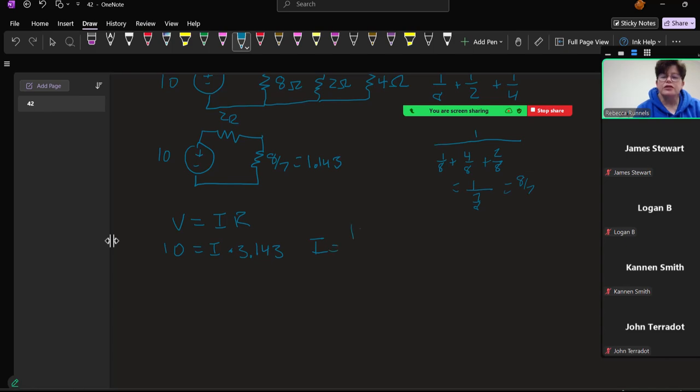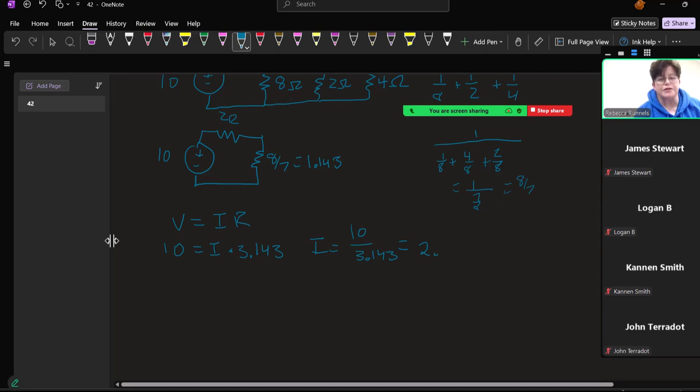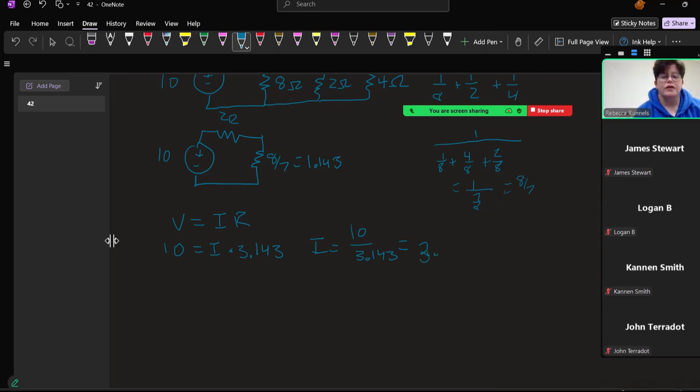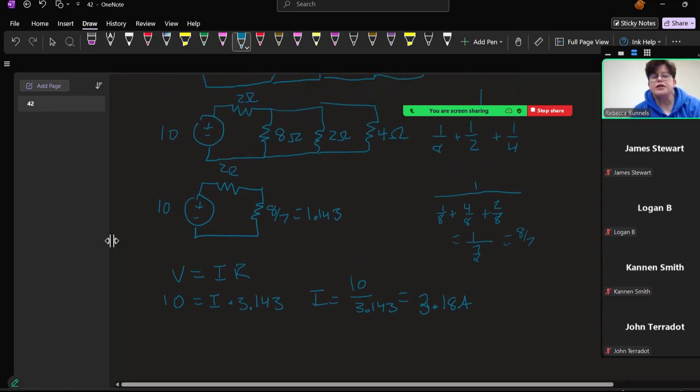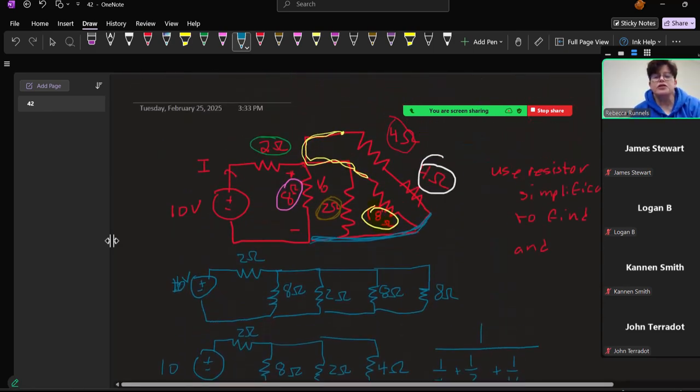So our current is 10 over 3.143, which is, no, it is 3.18 amps.